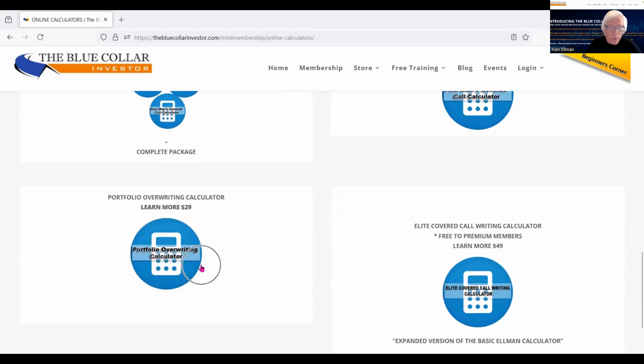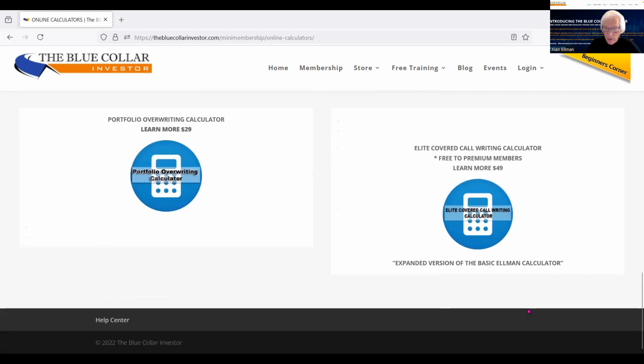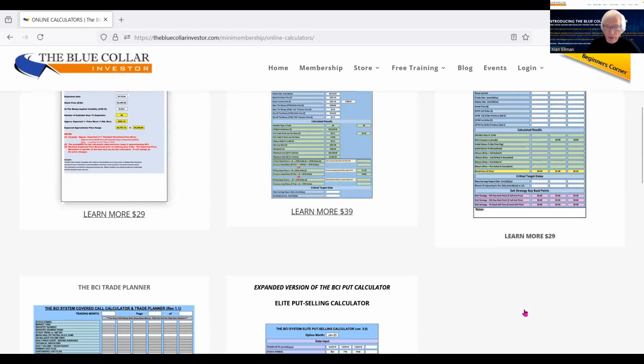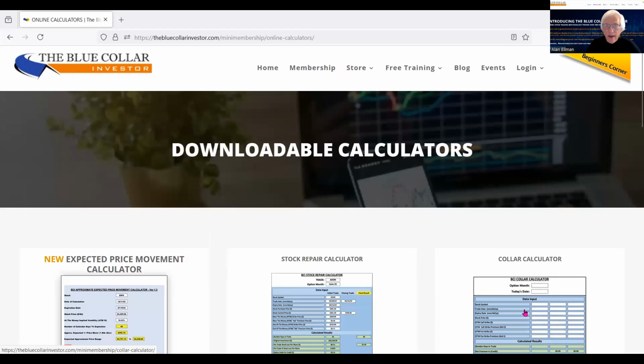For those of you doing portfolio overwriting, once again, TMC could do that for you. And for those of you who want a less expensive spreadsheet for covered call writing, the Elite Covered Call Writing Calculator, by the way, that's free to premium members, but it cannot nearly do all the things that TMC could do. I'm just here giving you an honest assessment of all of our spreadsheets. So there you have it.